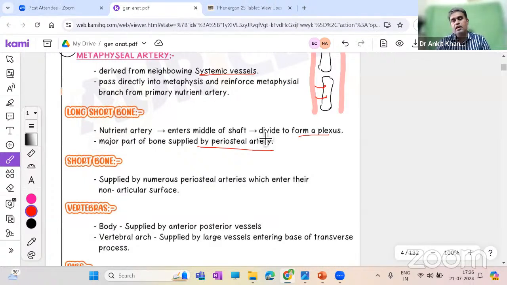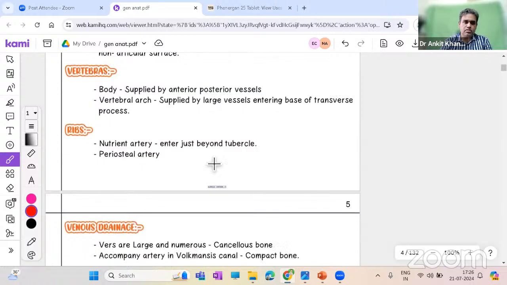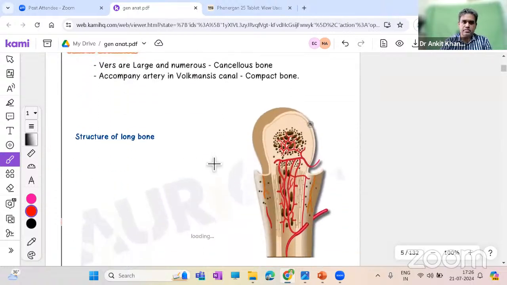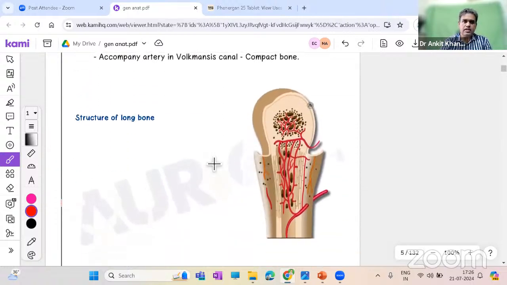The nutrient artery is basically a separate artery for the real long bones like humerus, femur, tibia, fibula, radius, ulna. These are the typical long bones. So the nutrient artery is basically for these typical long bones. Others will have other arteries like periosteal, metaphyseal, epiphyseal arteries. Short bones, vertebrae, ribs, all will have it like this. The same goes for the venous drainage as well.